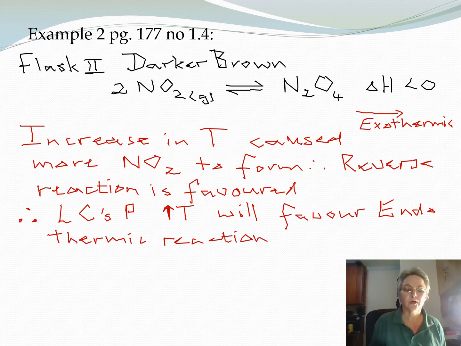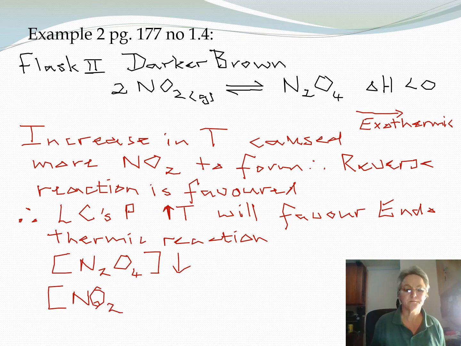So your concentration of dinitrogen tetraoxide decreases where the concentration of the brown nitrogen dioxide is increased.